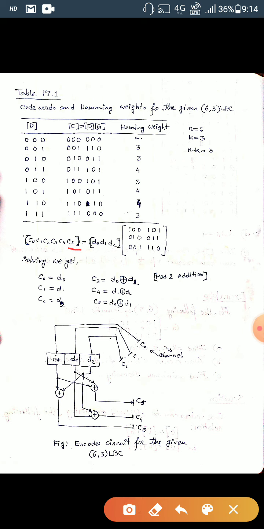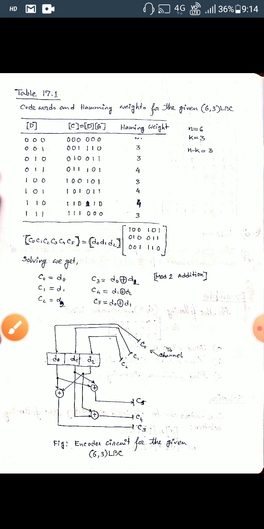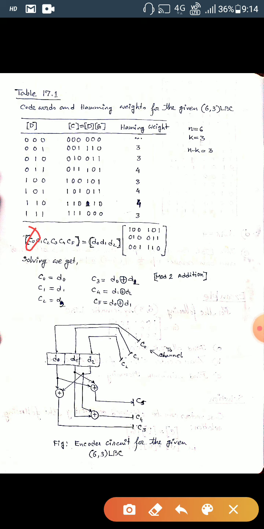Because here I_k is written first, and after that it is P. If you alter the position, then it will be altered there also. So from here you can get the value of c0. What will be the c0 value in that case? Using the multiplication, the row will be multiplied with the column.